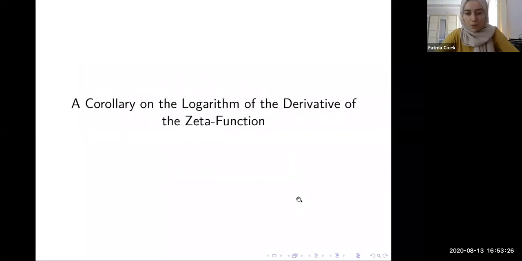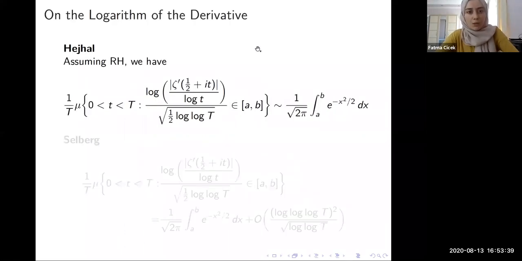Okay. So now some final remarks on some consequences of these results. We have a corollary for the logarithm of the derivative. The story starts with a result of Hejhal.